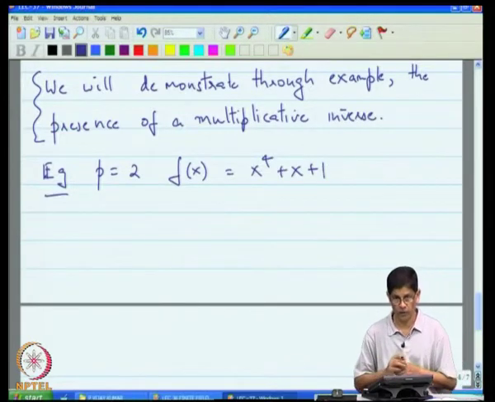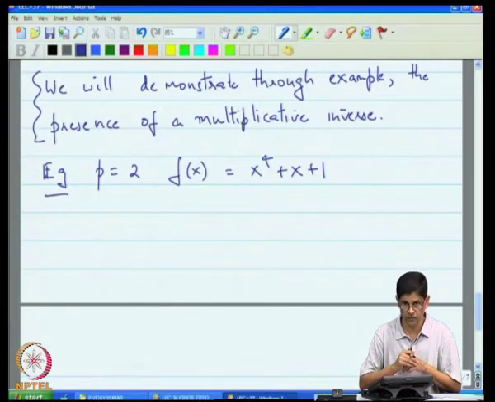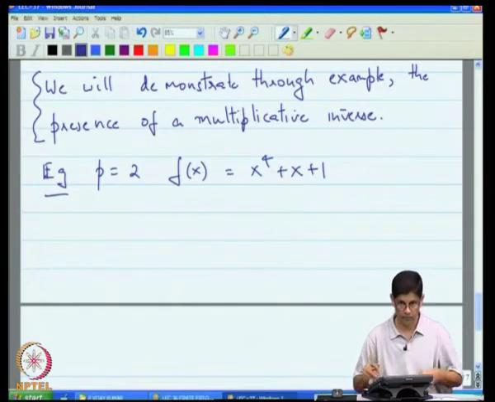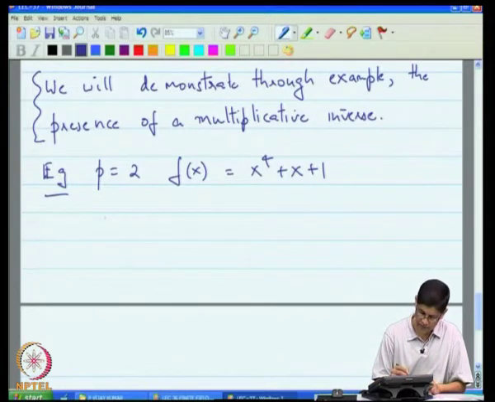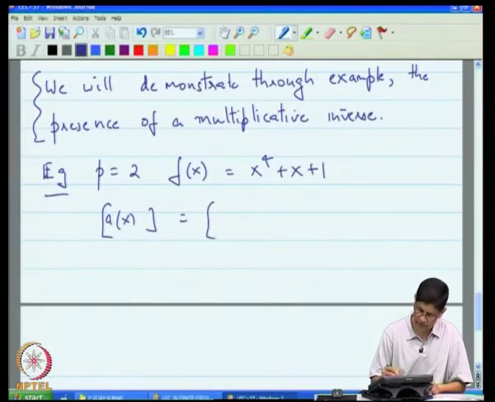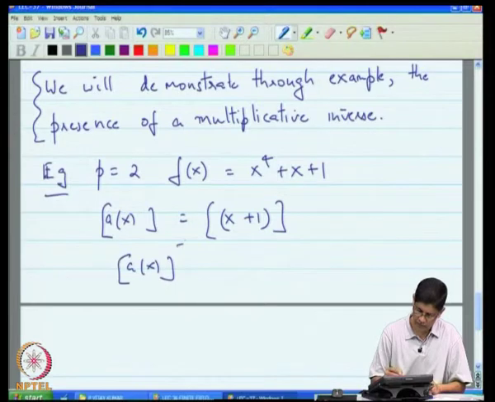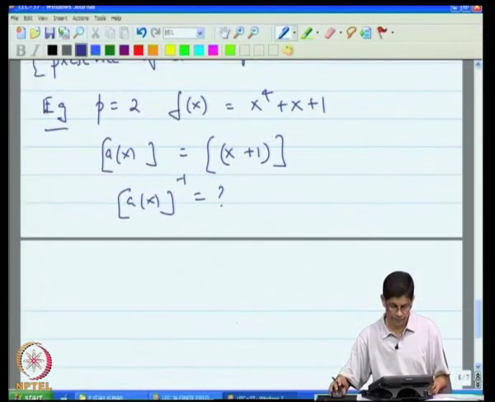This was one of the polynomials on our list of irreducible polynomials, so there is no problem picking this one. Let us pick a particular equivalence class, the equivalence class of x plus 1, and ask the question: what is the inverse of this?